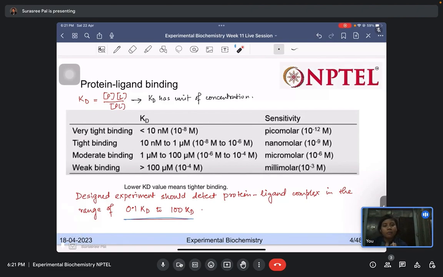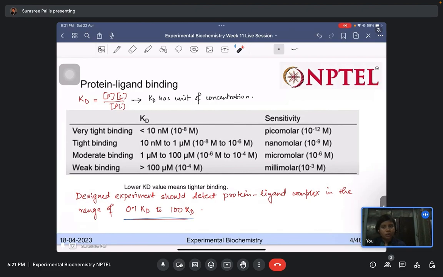Now, there are some considerations that we always have to take while we design an experiment for this calculation of Kd. What is this consideration? We should have an idea about the range of Kd that may result in our experiment.